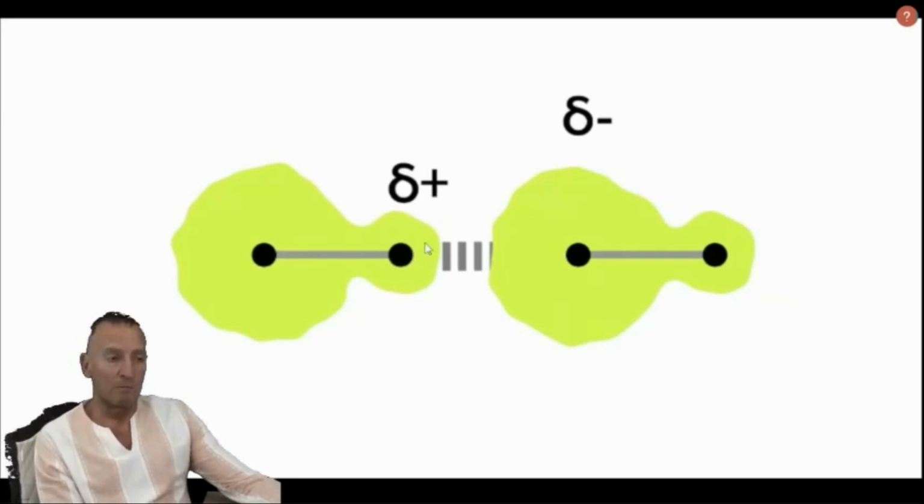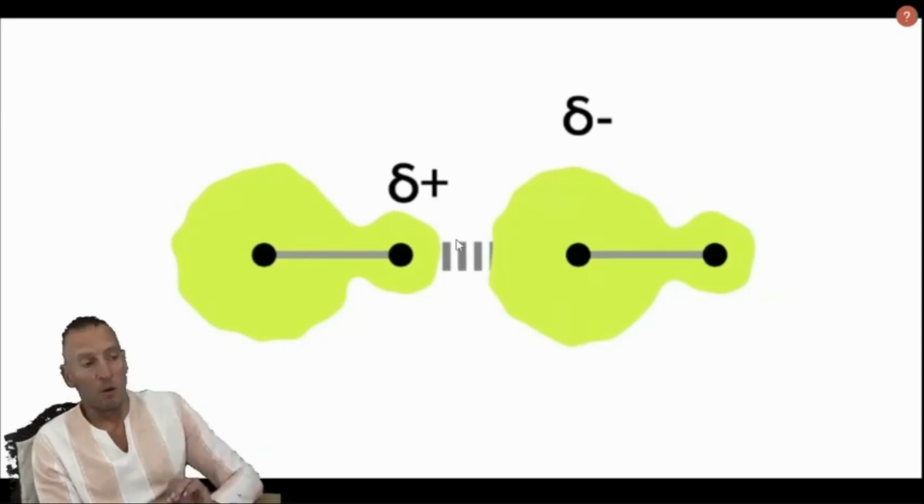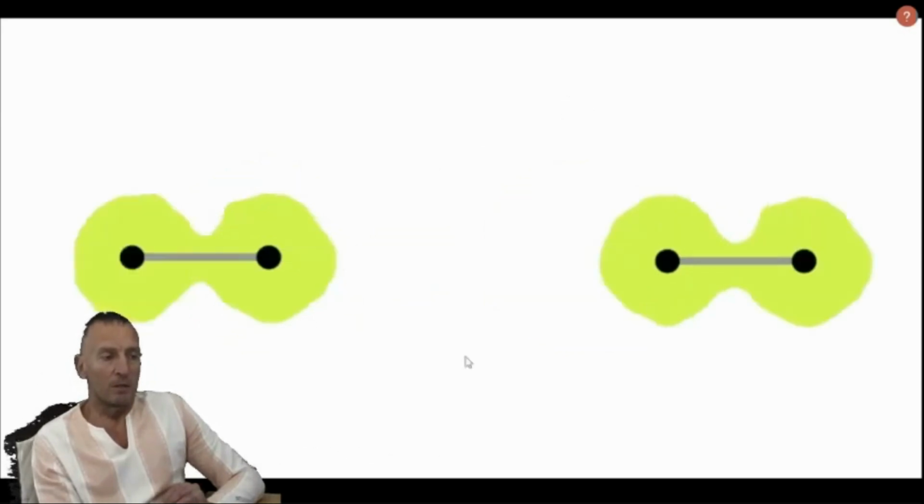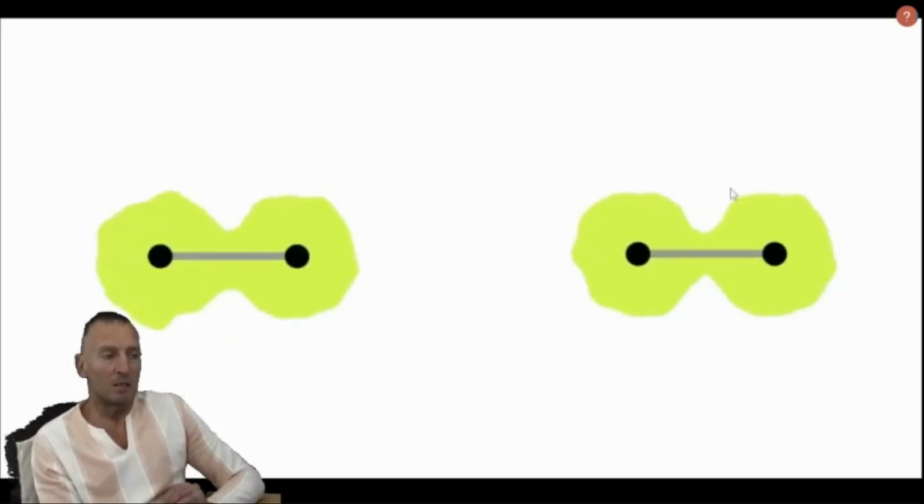So very temporarily, they became attracted to each other, and these forces are called London dispersion forces, because these electrons get dispersed, and this is why it's called London dispersion forces. See, this is how this molecule became temporarily like a dipole, like a polar molecule.